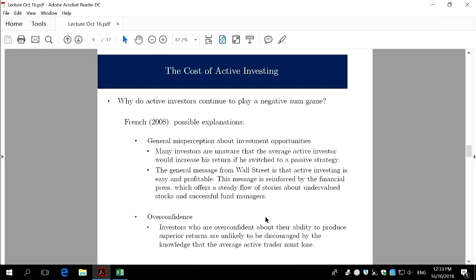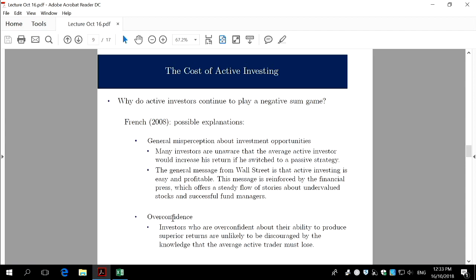So they are unlikely to be discouraged that active investors lose on average. The point is, I know that on average, active investors lose, but I think I am far above average. So if I think I'm far above average, then I don't care about the average loss.